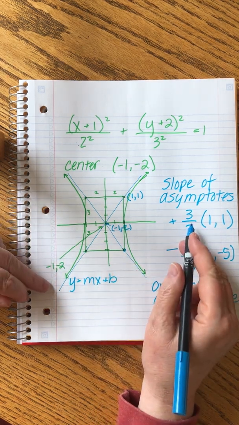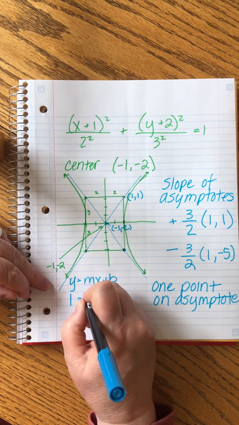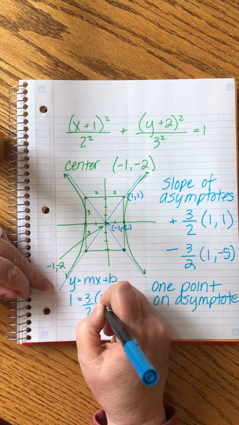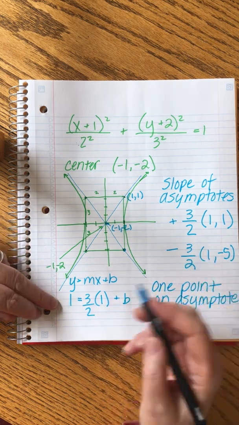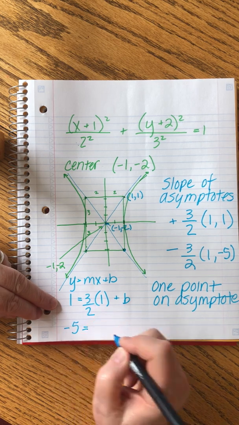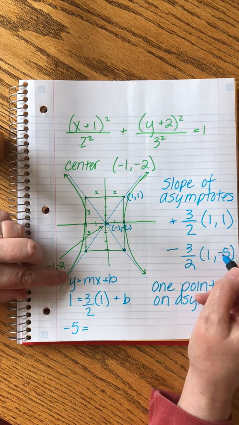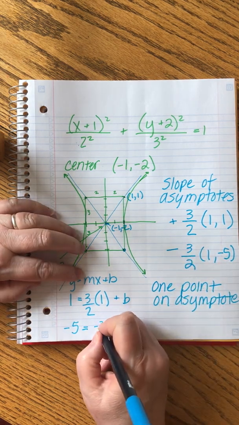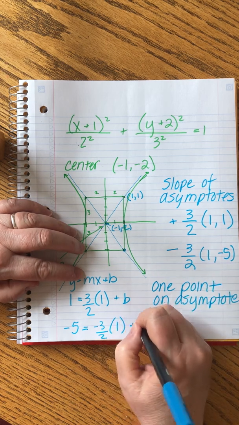For the positive slope, we're going to say 1 equals 3/2 times 1 plus b. And for our negative slope, we're going to say -5 equals, that's y, our m, minus 3/2 times our x, 1, plus b.